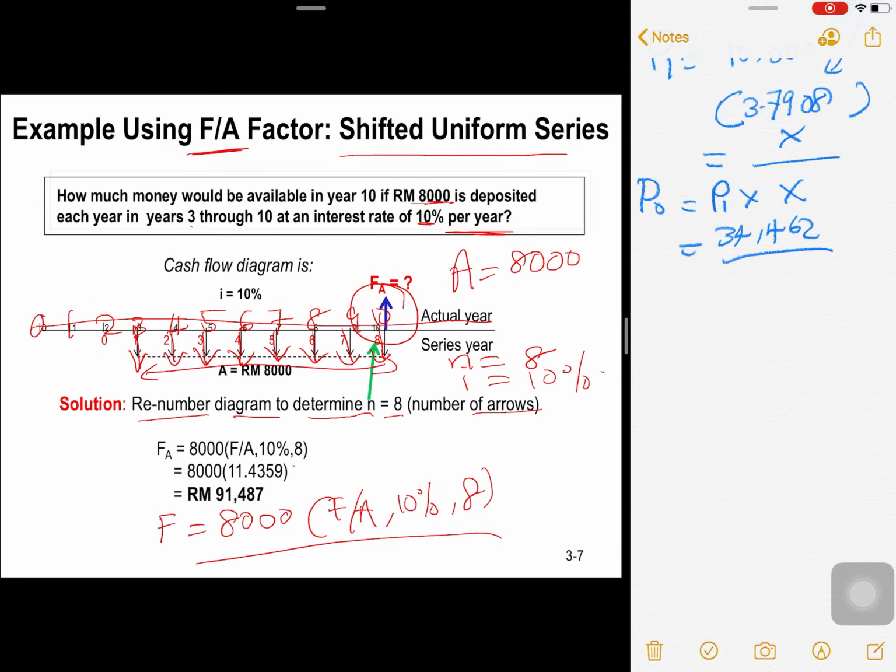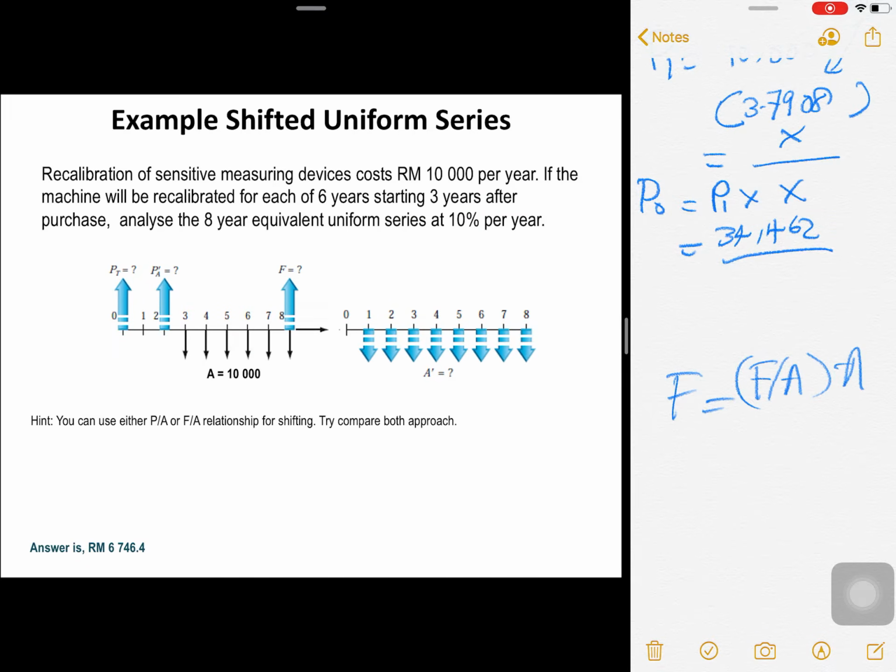And you get the answer. Okay, this is A times F over A. Solving for this is actually F equals to F over A times A. Fair enough.